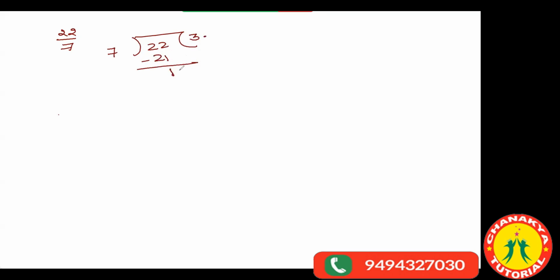Now put the decimal, and a 0 will come. 7 times 1 is 7, then 10 minus 7 is 3. Then again put 0. 7 times 4 is 28, then 20. Now 7 times 2 is 14.